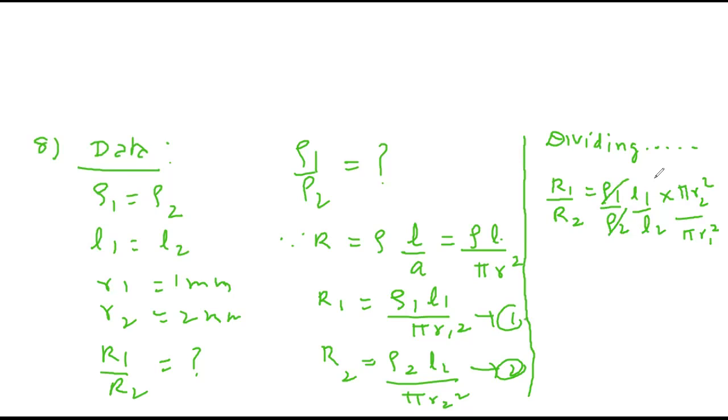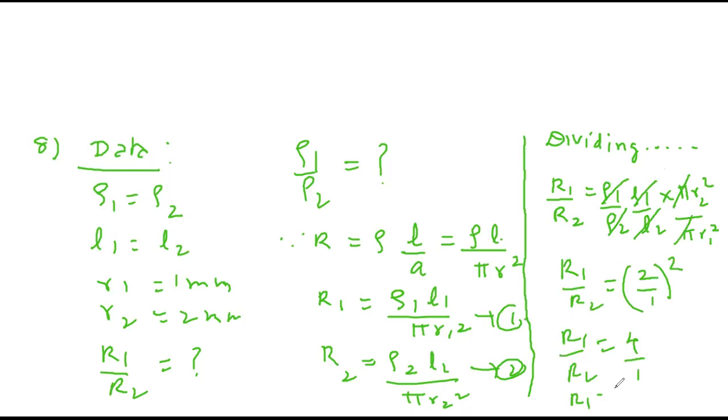Now rho 1, rho 2 are the same, so I can cancel. L1, L2 are the same, I can cancel. Pi is the same, I can cancel. So R1 upon R2 is 2 by 1 square. So R1 upon R2 is 4 by 1. So the ratio or comparison of resistance is 4 is to 1. Right?